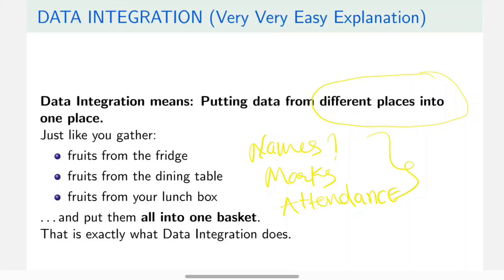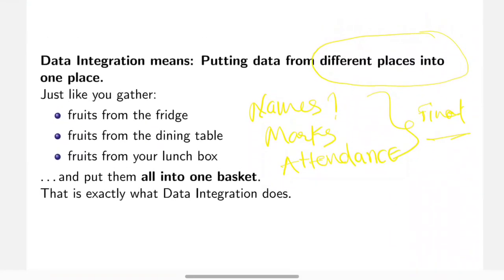So we have three different files. All these files are about the same students but stored separately. So what we do is bring everything together and combine them into one final file. This process is called data integration.